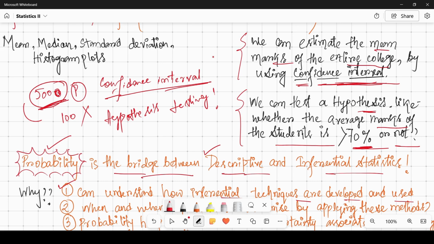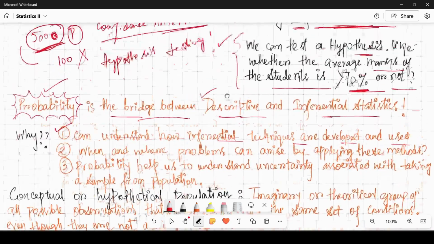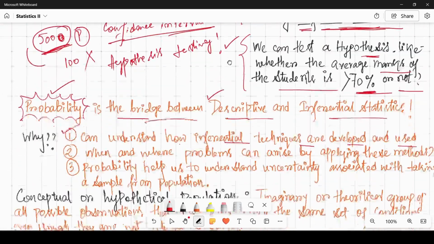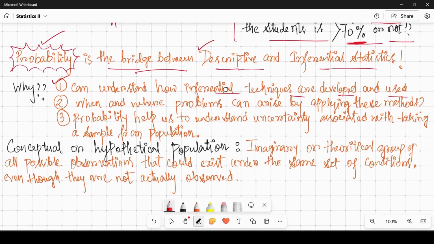What kind of question or information we want to extract from that population, and what kind of inferential methods we should implement, will only be understood once we have the knowledge of probability.